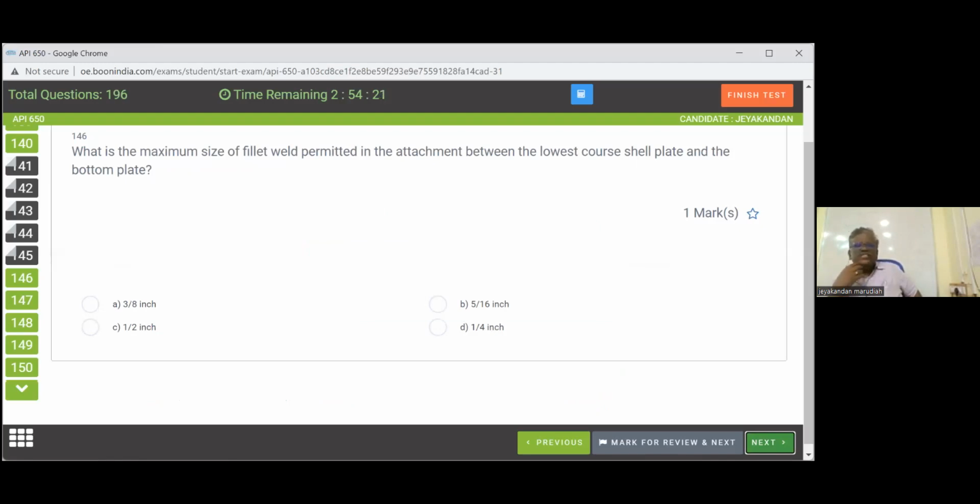What is the maximum size fillet permitted in the attachment of the lower shell course and shell plate to the bottom plate? Shell to bottom fillet weld, what is the maximum size permitted? 3 by 16, but there is no 3 by 16 here.